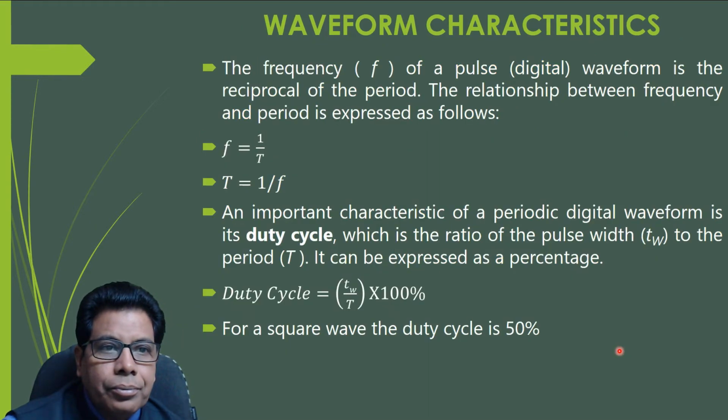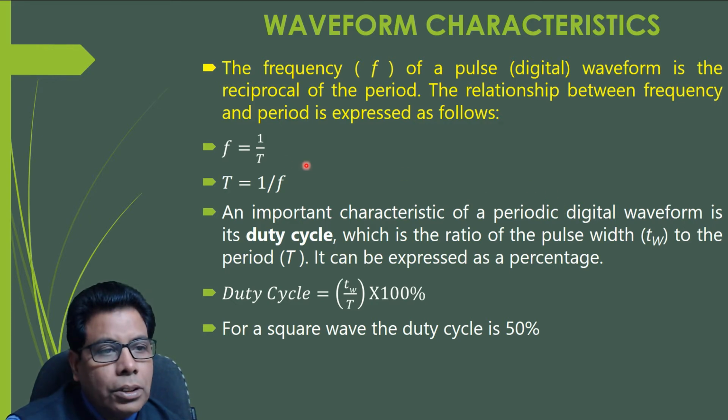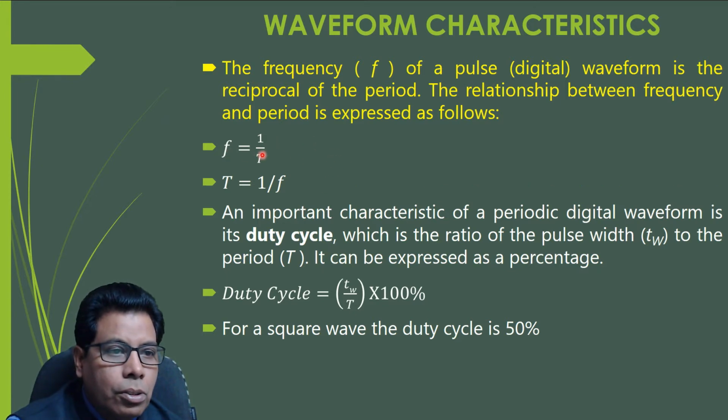Then waveform characteristics. The frequency f of a pulse, that is a digital waveform, is the reciprocal of the period, and the relationship between frequency and period is expressed as follows. f is equal to 1 by T and T is equal to 1 by f. They are reciprocals: f is the reciprocal of T and T is the reciprocal of f.